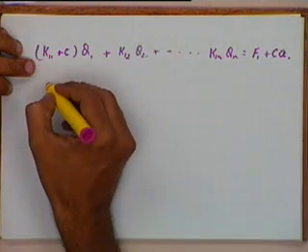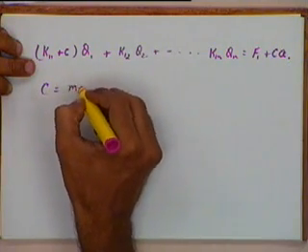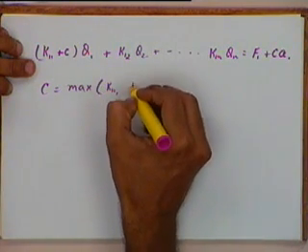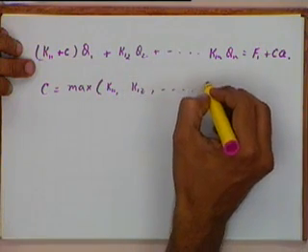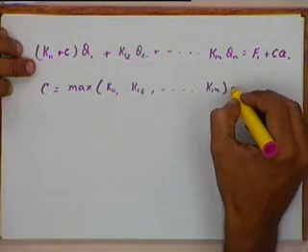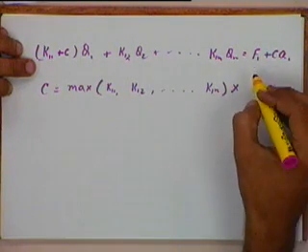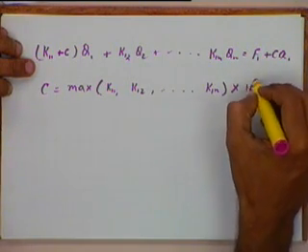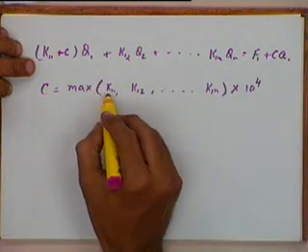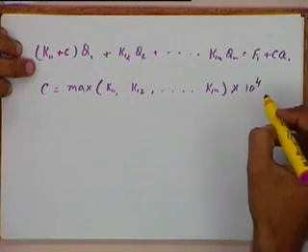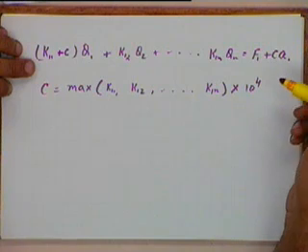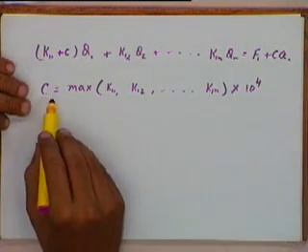So we can say that c we will take to be equal to the maximum of k11, k12, so on till k1n, and we will take the maximum and multiply that by some order of magnitude, let us say 10 to the power 4 or 10 to the power 5, something like that. Okay, we will take the highest of all these coefficients and multiply that by 10 to the power 4, 10 to the power 5, 10 to the power 6, some large number like that, and that will give us a value of c.